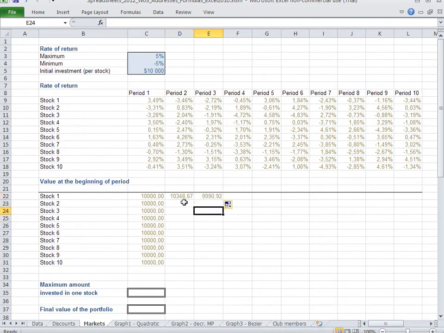And here you see that, for instance, in the second year the stock has gone up by 3.49%, and then to the beginning of the third year it has gone down 3.46%. Yeah, in the beginning it rises, and in the end it falls in value, and it ends up below 10,000.